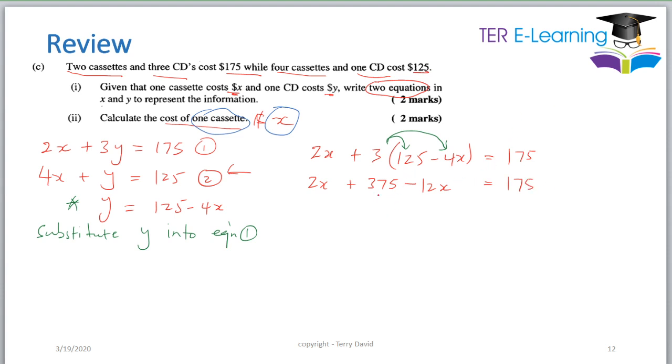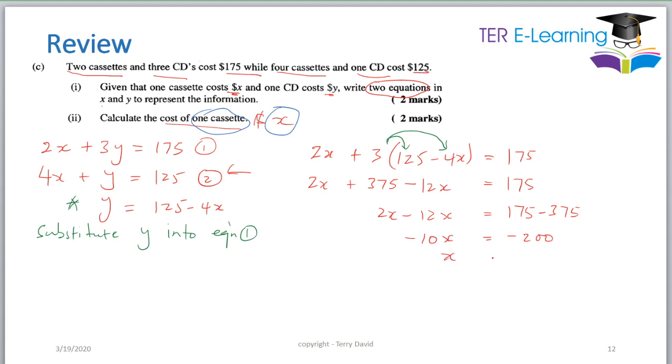On the left hand side now, we're going to have 2x minus 12x equal 175 minus 375. Cool? So then we had to work out on the left hand side, 2 minus 12 will give me minus 10x. So this is minus 10x is equal to, and 175 minus 375 is equal to minus 200.